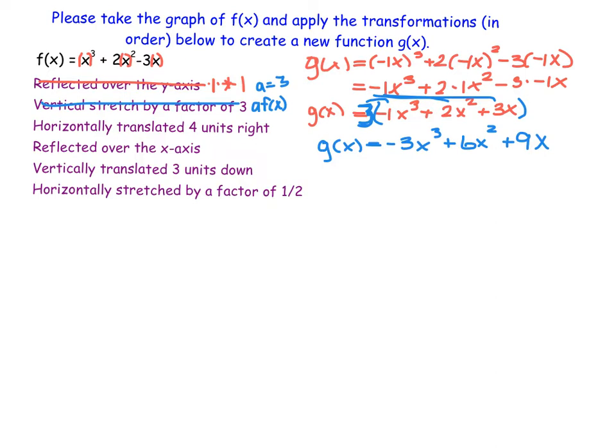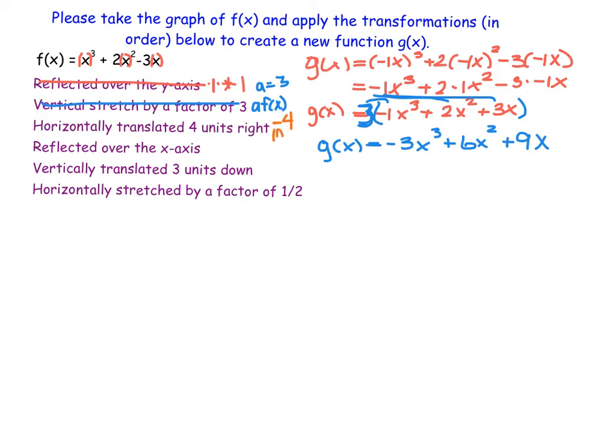All right. So this next one, it's horizontally translated 4 units. Now this one, while it sounds kind of easy, is actually going to be a bit of work, so we're going to have to keep that in mind. Let's go in and add on the inside a transformation to the right 4 units. So we're going to subtract 4 units from the inside.